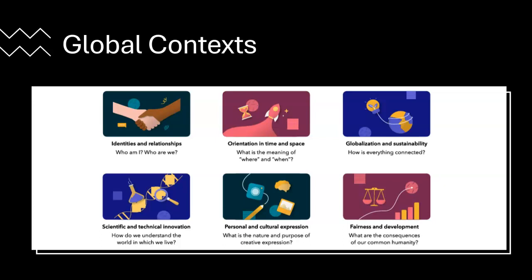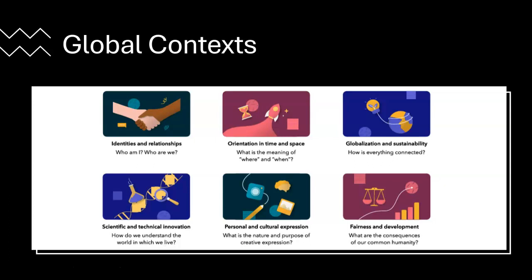Okay, so there are 6 main categories of global contexts. So we've got identities and relationships, orientation in space and time, globalization and sustainability, scientific and technical innovation, personal and cultural expression, and fairness and development. Now, teaching science, I end up coming here a lot, but we want to try to think outside the box a little bit with these.